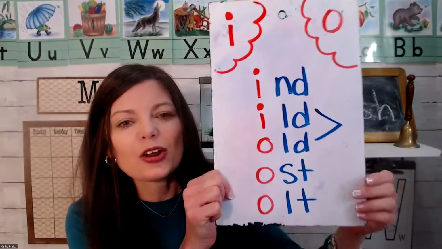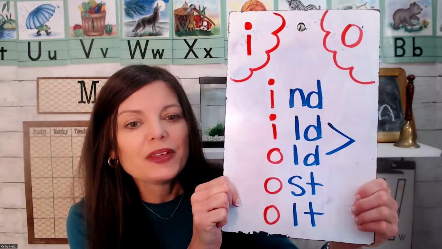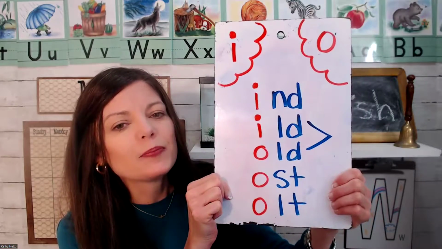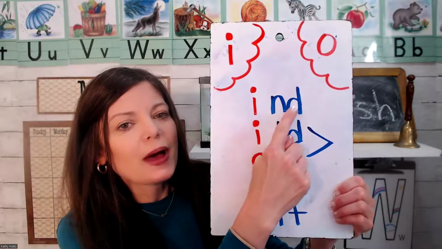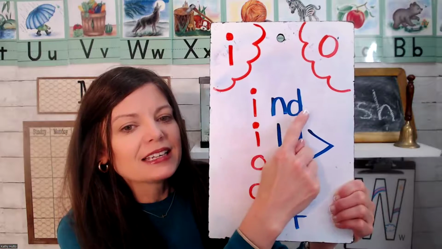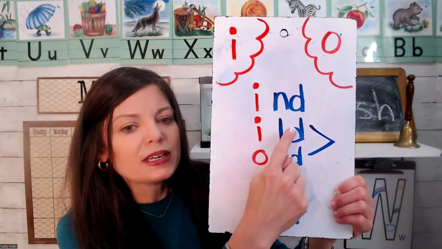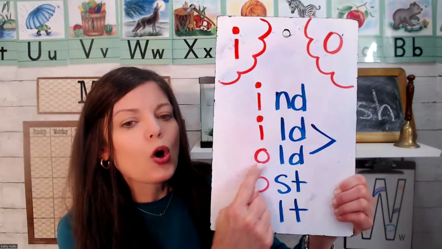I wrote these down on our whiteboard, and if you'd like to pause and copy them down, you could, just to have an extra little help on the side so you can remember that I sometimes says I when it's followed by ND or LD. Also, O when it's followed by LD makes the O sound, old.